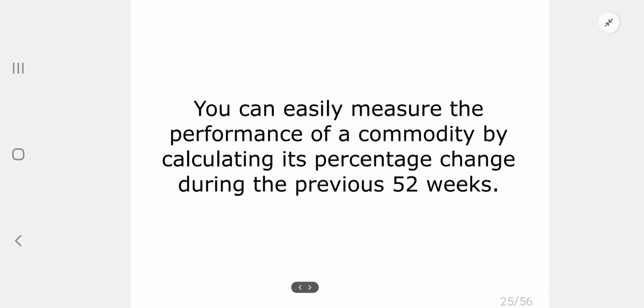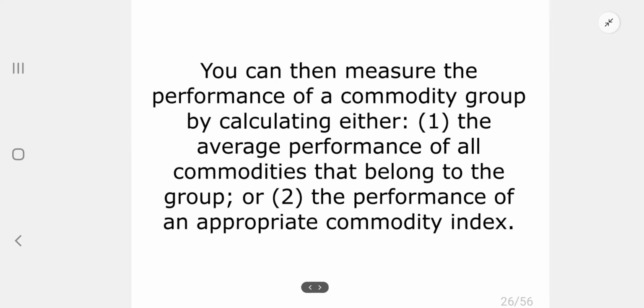You can easily measure the performance of a commodity by calculating its percentage change during the previous 52 weeks. You can then measure the performance of a commodity group by calculating either, number 1, the average performance of all commodities that belong to the group, or number 2, the performance of an appropriate commodity index.